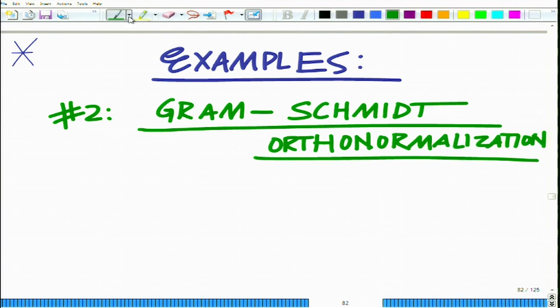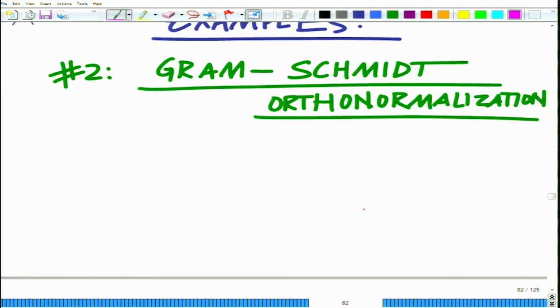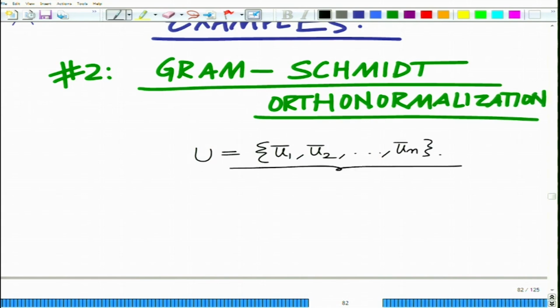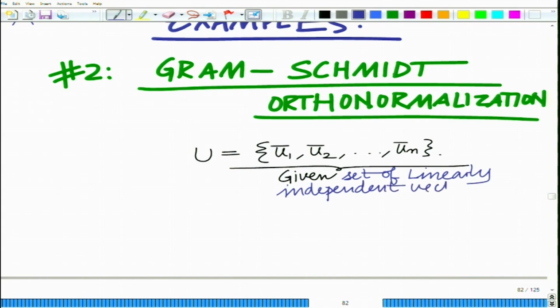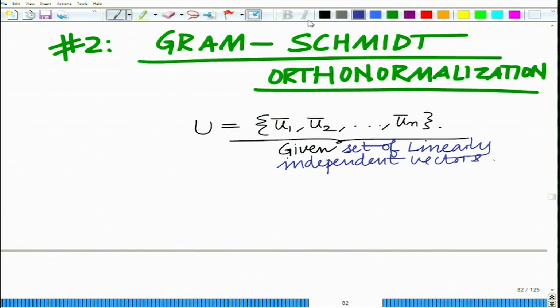What this does is, for a given set of linearly independent vectors u1 bar, u2 bar, ..., un bar, the Gram-Schmidt orthonormalization procedure creates an orthonormal set.